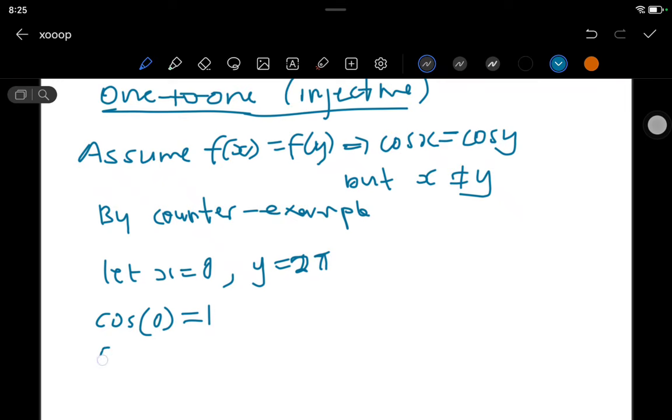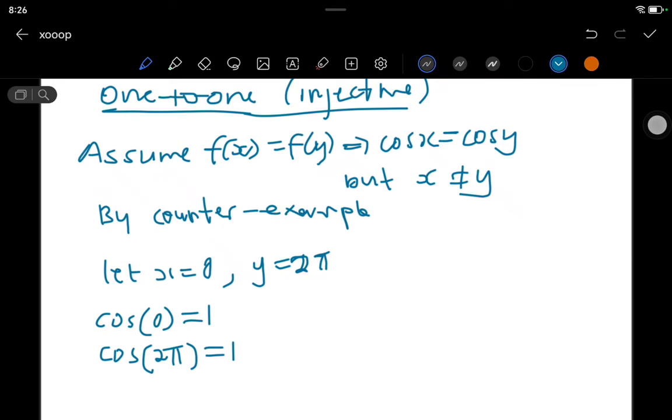Also, cos of 2 pi will be equal to 1. You can try to check from your side what cos of 2 pi is.